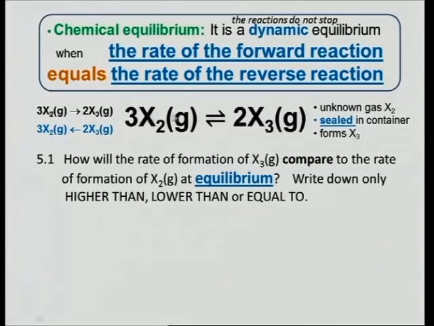That means how will the rate of the forward reaction compare to the rate of the formation of X2, which is the reverse reaction. You get that? You want to know how does it compare at equilibrium? What does it say? The rate is equal. So which is higher than, lower than, or equal to?